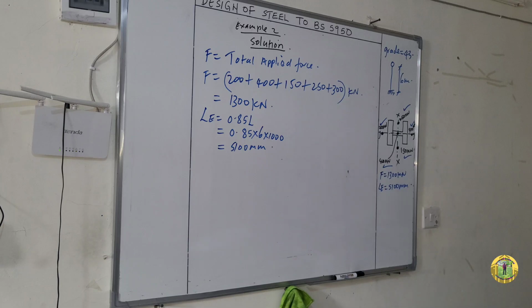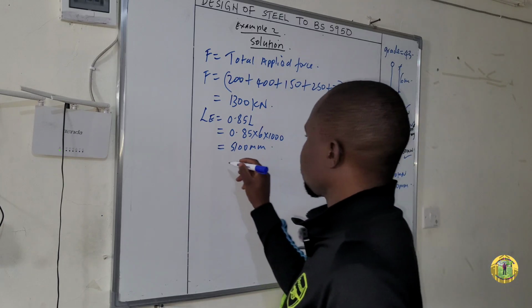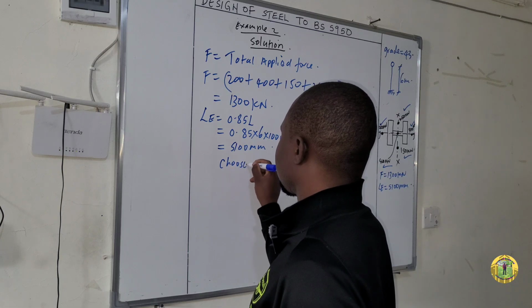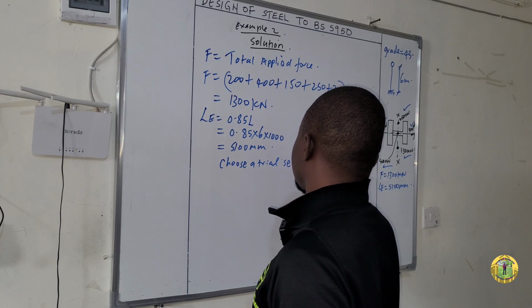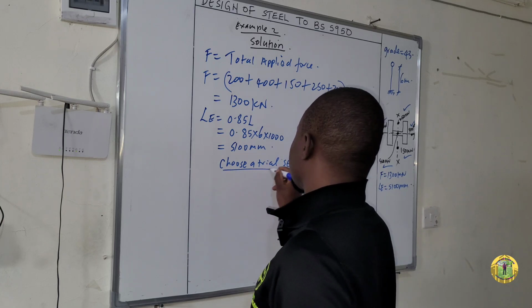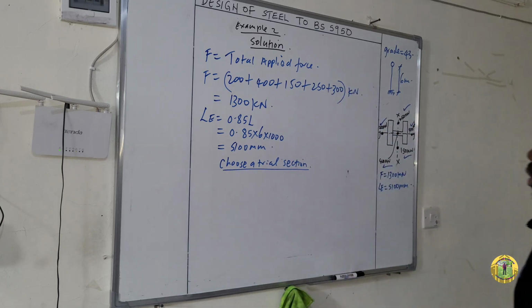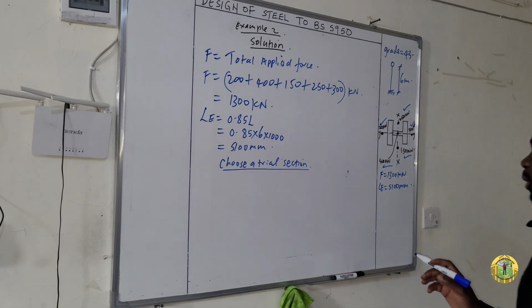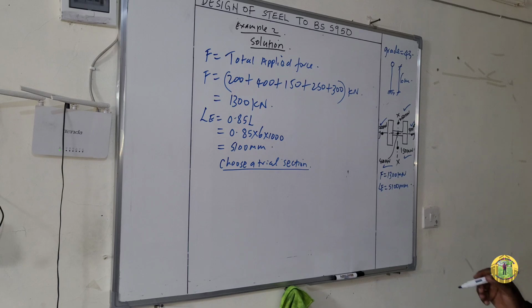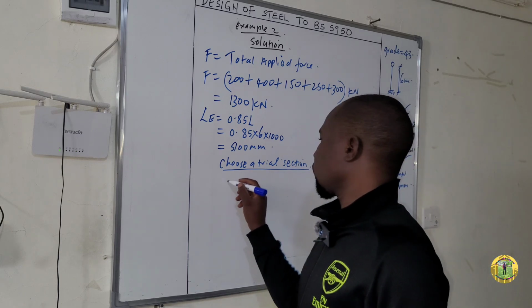And then we'll choose a trial section. For you to choose a trial section, for this case, we don't have the moment, because you remember for the beams, what used to guide us is the plastic modulus.